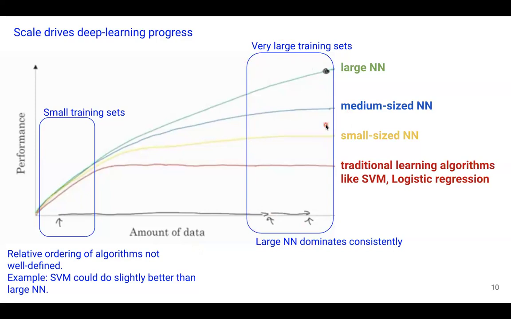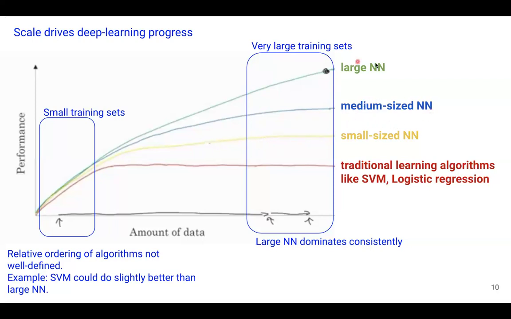shows up. In that case, what we generally see is that the performance of traditional learning algorithms plateaus at some point. They do not increase anymore with the amount of data. For small-sized neural nets, performance increases slowly and then plateaus at some point again.